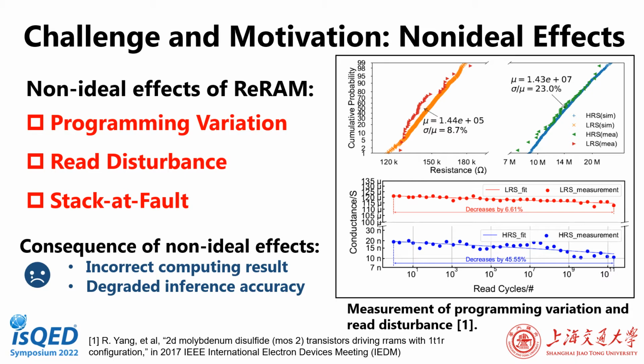The read disturbance means the resistance gradually changes after each read operation, and the stuck-at fault means the resistance of the cell is stuck and cannot be overwritten. These non-ideal effects will lead to incorrect computing results, and therefore the network inference accuracy is degraded.